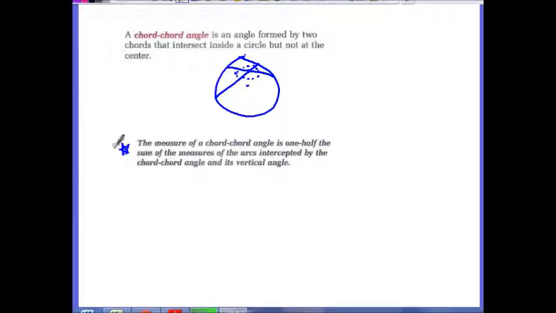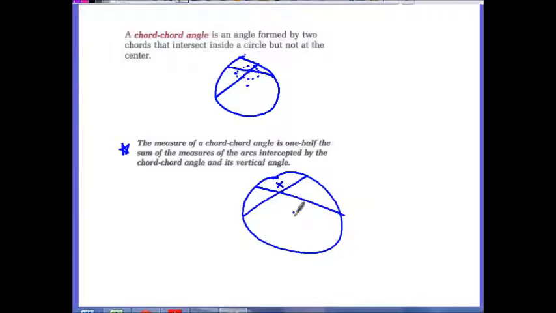Now, here's what we have to say about my chord angles. The measure of a chord angle is 1/2 the sum of the measures of the arcs intercepted by the chord angle and its vertical angle. So here we go. Let's say that we have a circle, and let's say that we have a chord angle, and we want to find out what the measure of it is. Here's the center of my circle.